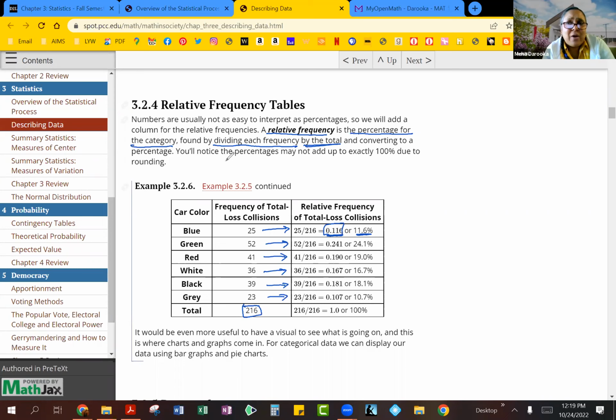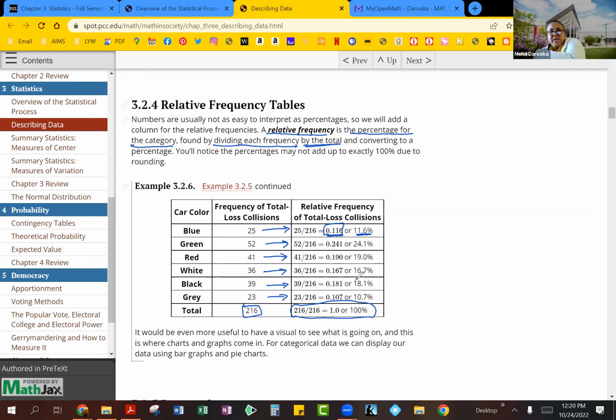Now, because of rounding errors, sometimes it's not necessary that when you add up your relative frequency column, that it would add up to 100%. It should, but it sometimes will not. You may get like 99.99999 repeating, right? So it may not be 100%, but close enough. Every once in a while, you may go like 100 plus a little over, right?